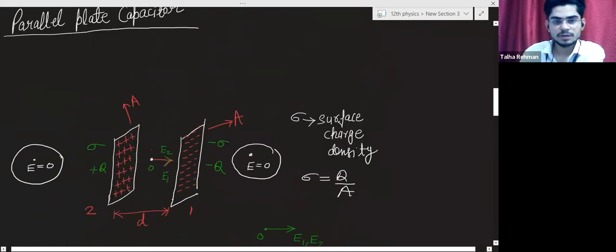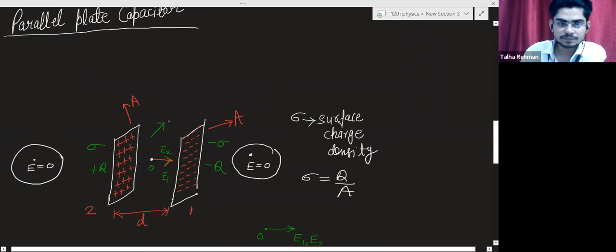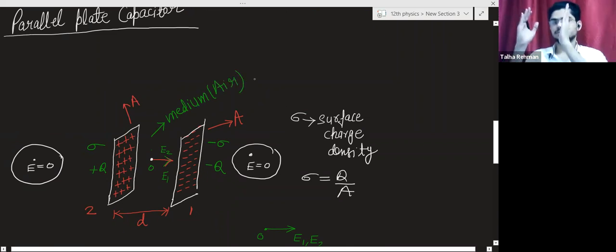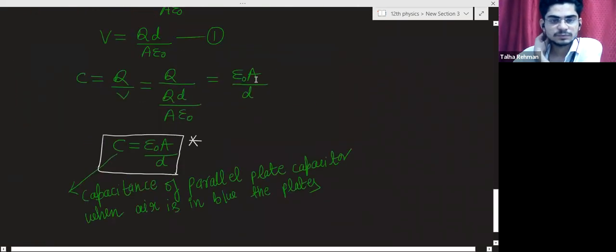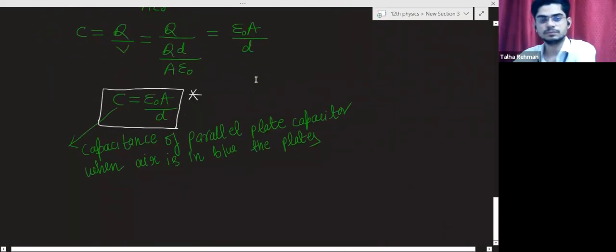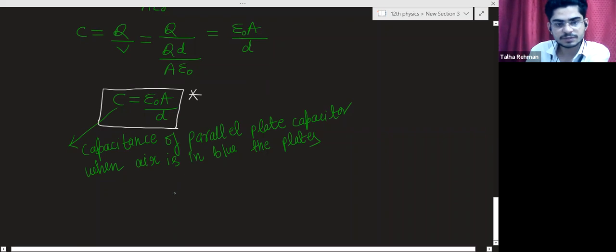So in between the plates, the medium is air. Like here, in between these two hands, there is air. And I will represent this C with C naught. C naught means the capacitance of a parallel plate capacitor when air is filled in between the plates.